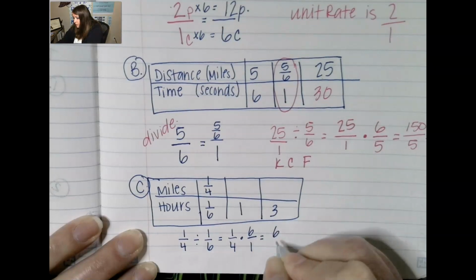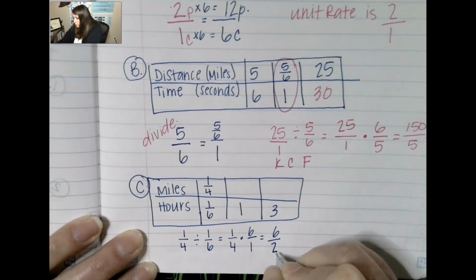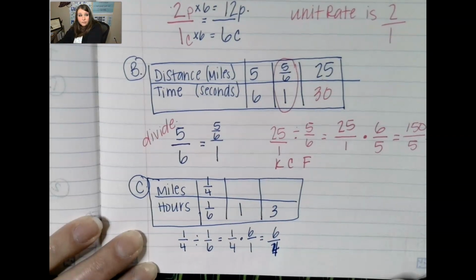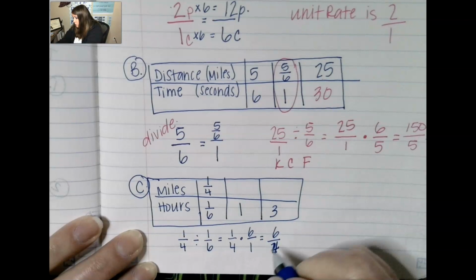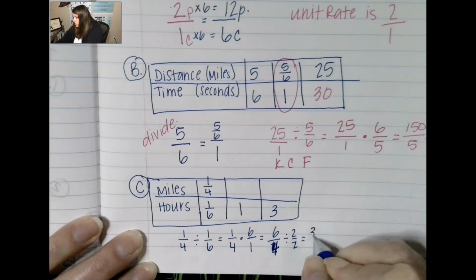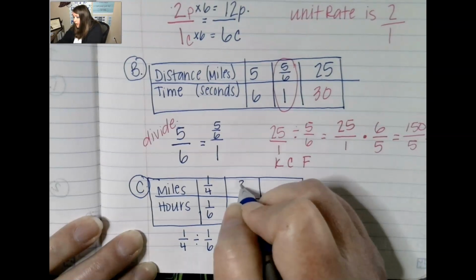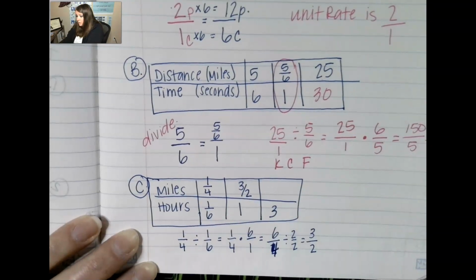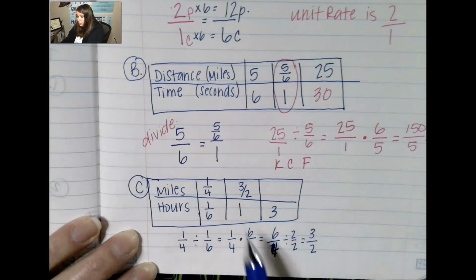And this gives me 6 over 4. Let's go ahead and divide by 2 because we can reduce this by dividing by 2. And that's going to give us 3 over 2. So I can go 3 over 2 miles in 1 hour.